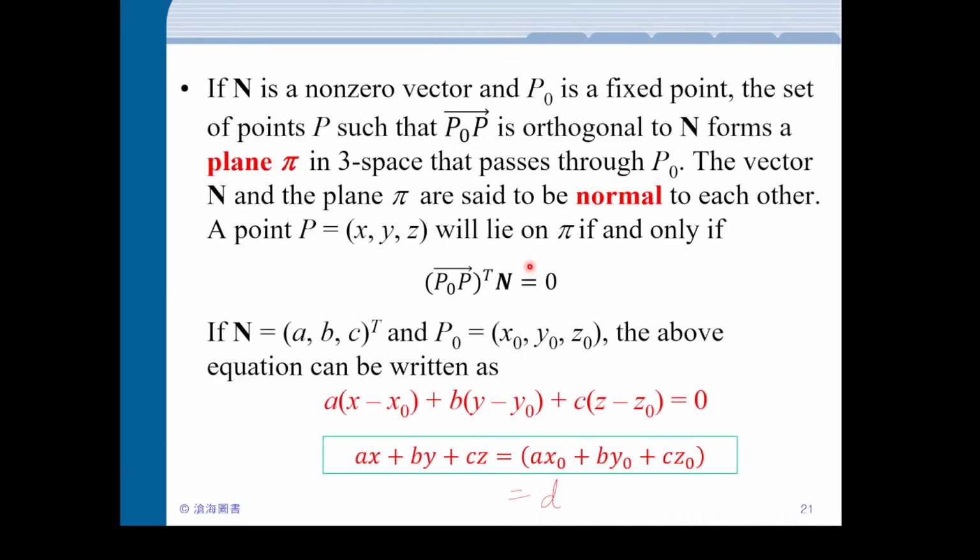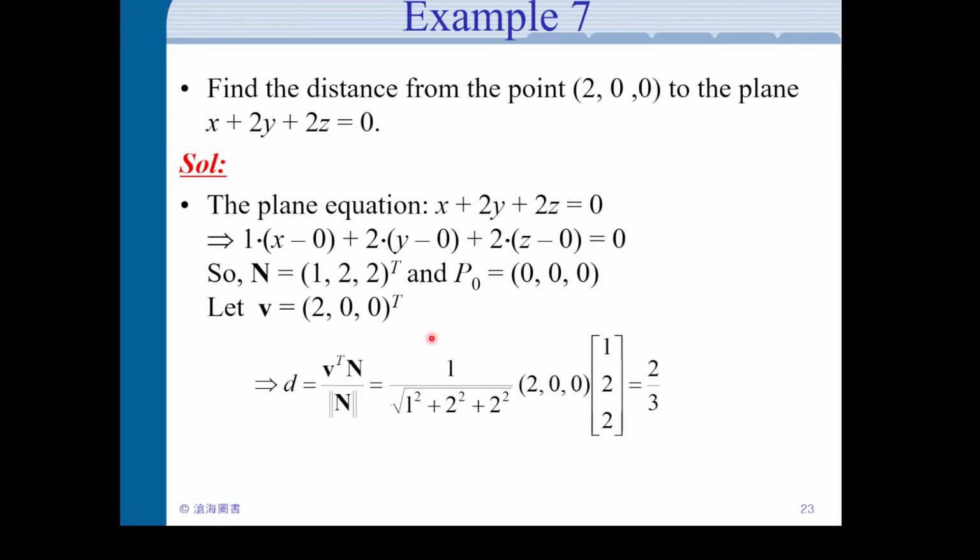The length of n is the square root of 1 squared plus 2 squared plus 2 squared, which is 9, and taking the square root becomes 3. The inner product between n and v is 2, so it's 2 divided by 3.